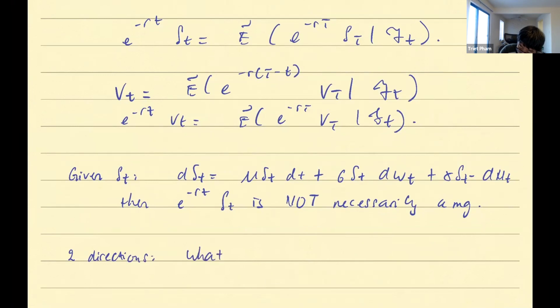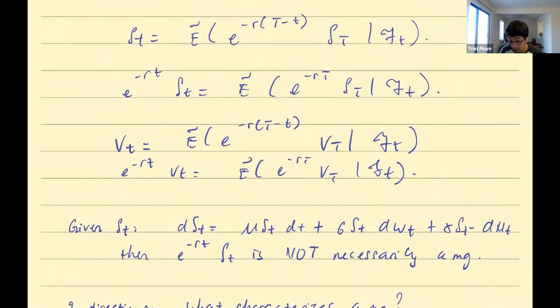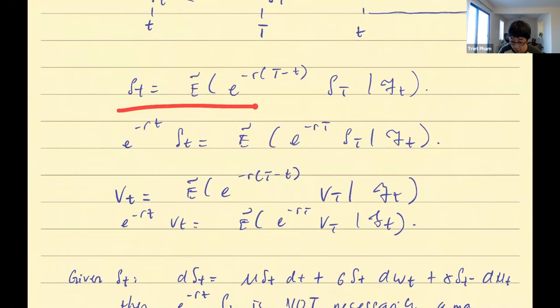What characterizes a martingale? Because you definitely do not want to... I know that, like, this is the traditional definition of martingale, right? Conditional expectation of the future value is equal to the present value. That's how you think about martingale.